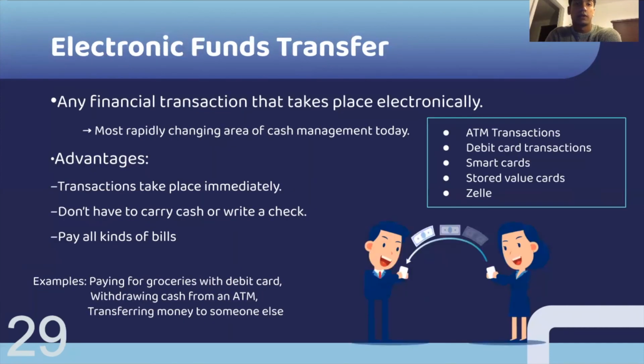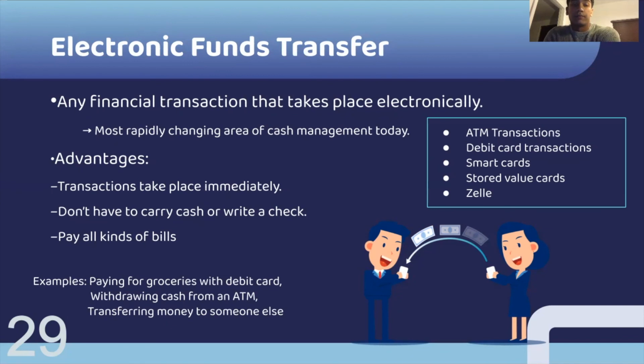Lastly, we have electronic funds transfer, or EFT. EFT is any financial transaction that takes place electronically. Some of the main transactions that happen this way are ATM transactions, debit card transactions, smart cards, stored value cards, and new forms of online payment like Zelle that Bank of America uses.